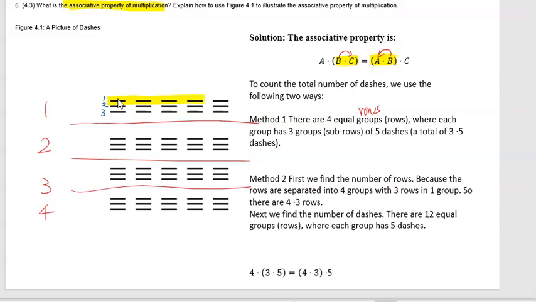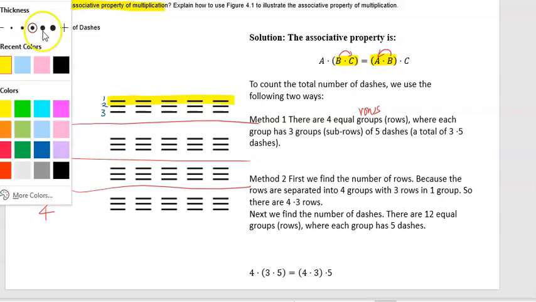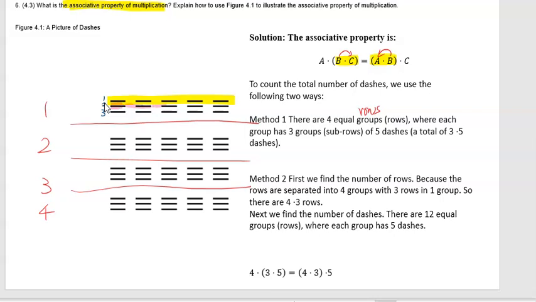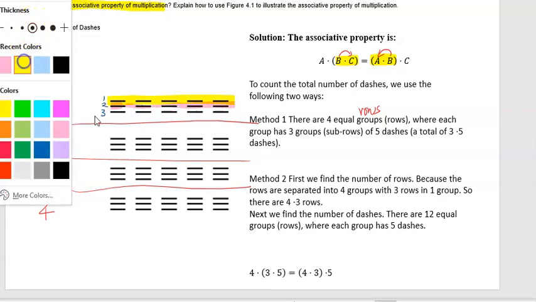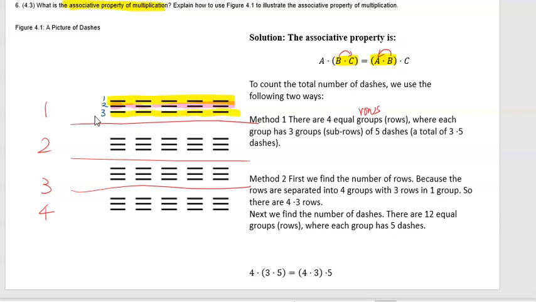If you look at the first row, 5 dashes, second row 5 dashes, and third row 5 dashes. You can always use groups, but you have to be specific about what you mean. The first time I say group, I mean those big rows separated by the red lines here. The second time I say groups, I mean each of these rows here.